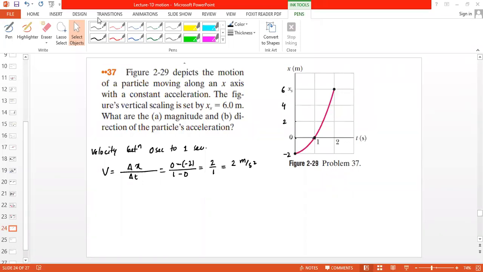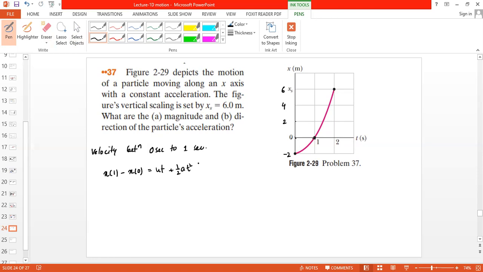Yes, sir. Okay. So I think doing it this way will not take us anywhere. Let me do it in a different way. Let's consider these 2 points, 0 second and 1 second. The displacement, x of 1 second minus x of 0 second, is equal to ut plus 1/2 at square.